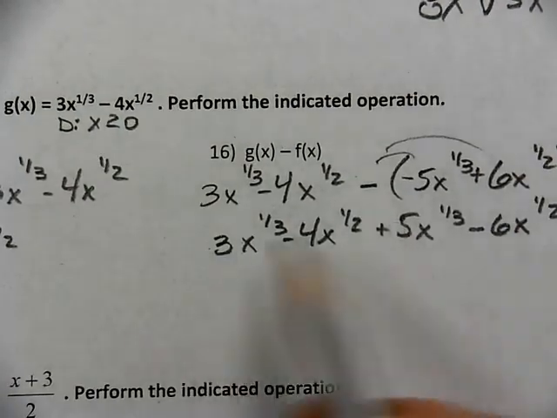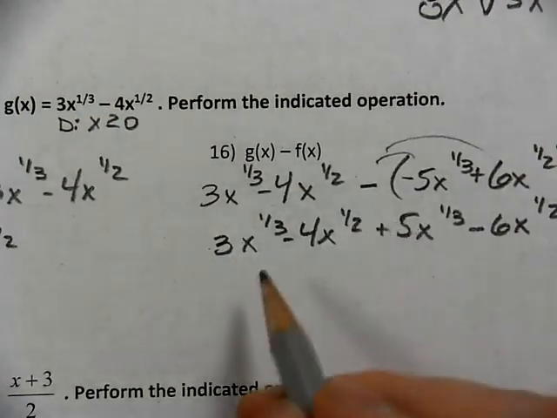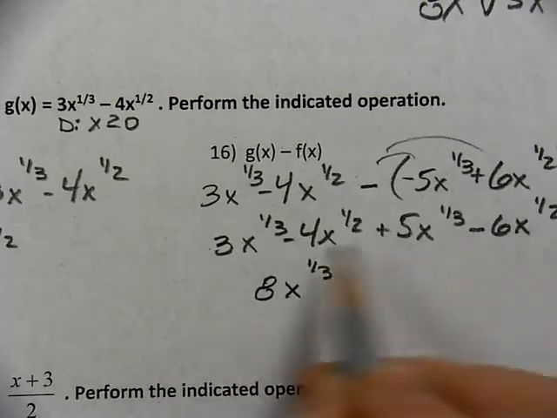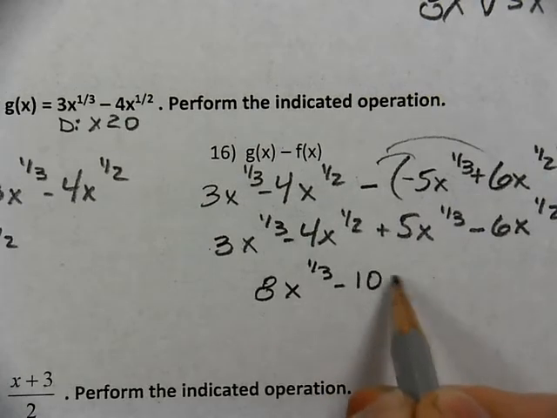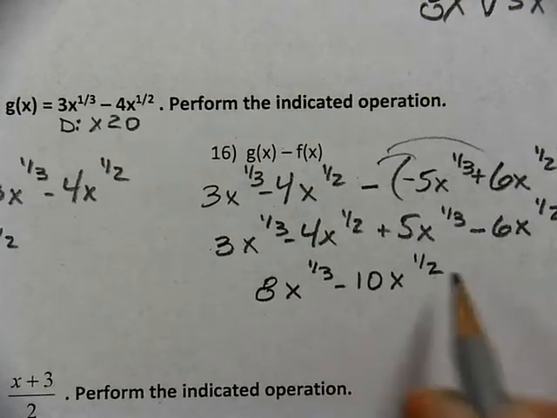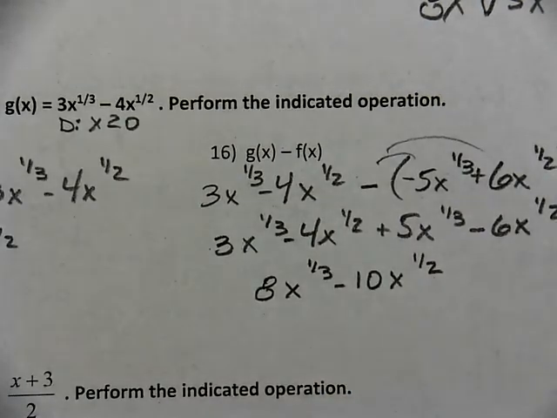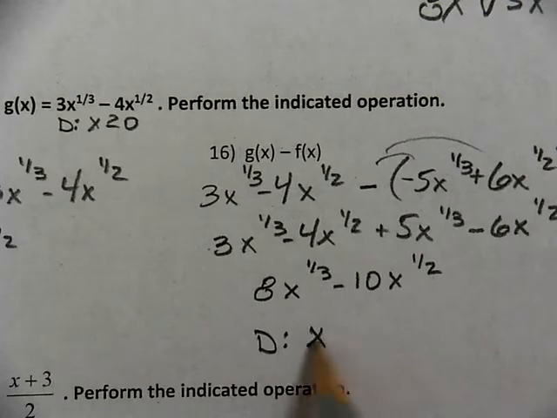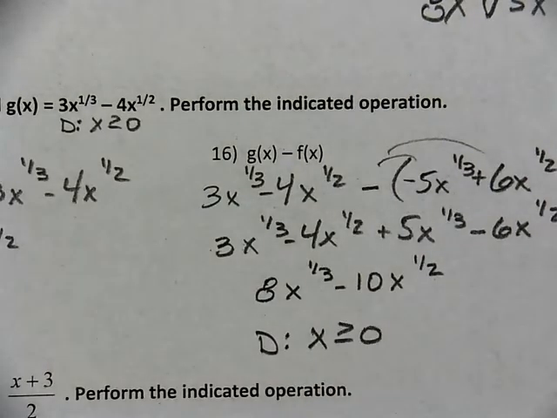So you bring the 1/3s together. And the halves together. And again, our domain for this would be non-negative numbers. So x is greater than or equal to 0.